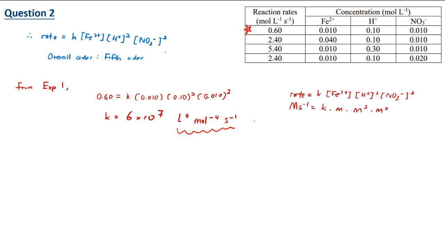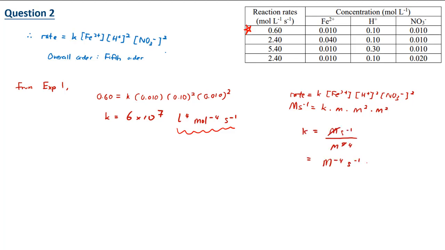So again, apply your rate law. For the rate, the unit is M s^-1. I'm using molar per second because it is easier for me to see. So molar per second is the unit for rate. For k constant, the concentration of Fe2 plus is raised to power 1, so that is only M. The concentration of H plus is raised to power 2, so M squared. Nitrate ion, similarly raised to power 2, so M squared as well.